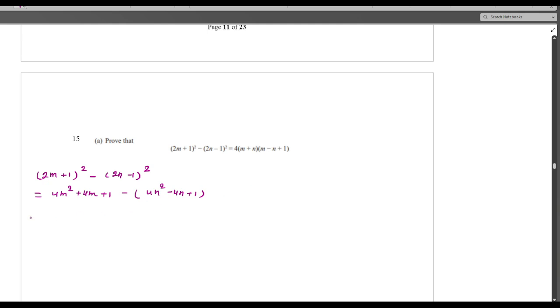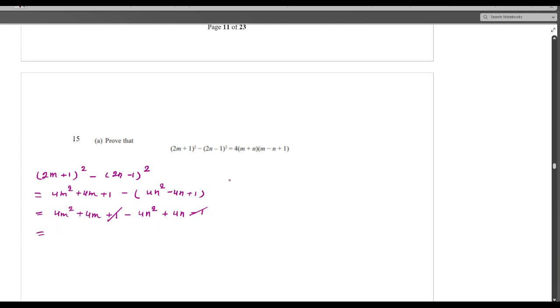If I open the bracket, it is 4m square plus 4m plus 1 minus 4n square plus 4n minus 1. Now I can write this 4m square minus 4n square together. This plus 1 and this minus 1 will cancel.